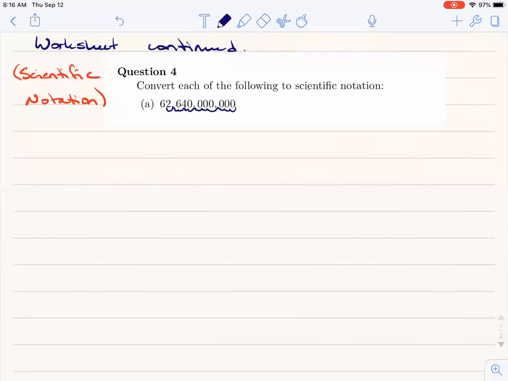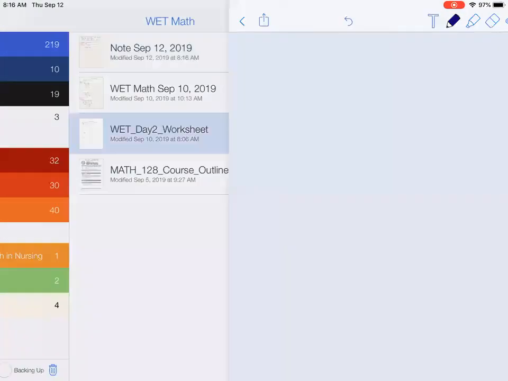There's more than 10 booms in there. So then here, 6.264 times 10 to the power of 10. Right. And if you're moving your decimal the other way, you just have a negative power on the 10, which we'll be doing in the next part.